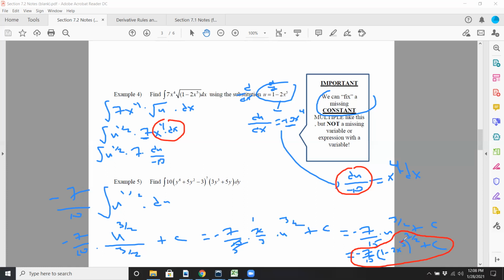Now, how do you know you did this right? Take the derivative. If you take the derivative carefully, -7/10, move the 3/2 to the front, so you're using chain rule. So that will become -21 over 20, I believe. And you have 1 minus 2x^5, drop the exponent by 1, so it becomes 1/2.